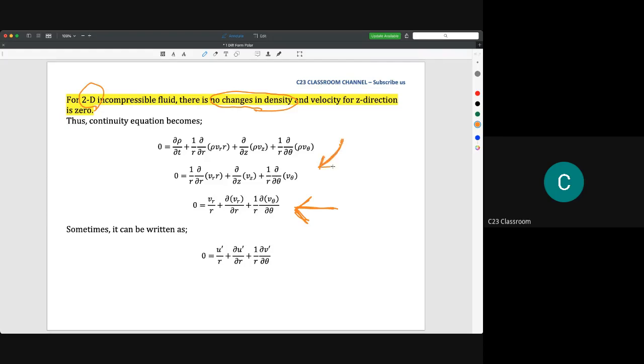And then you could neglect all the values. For example, here we have the partial derivative del over del r of (r vr).